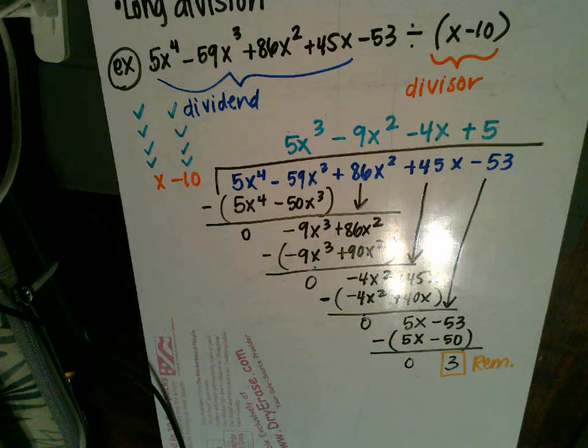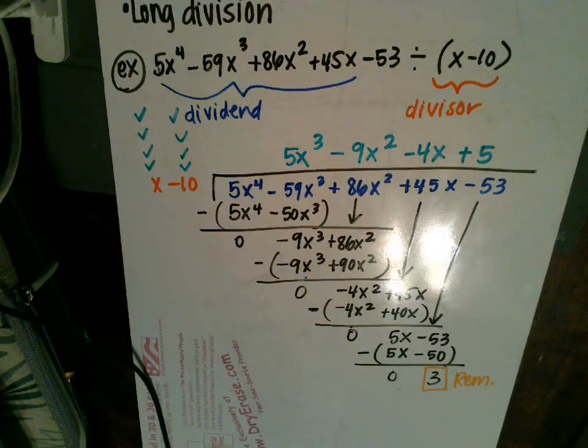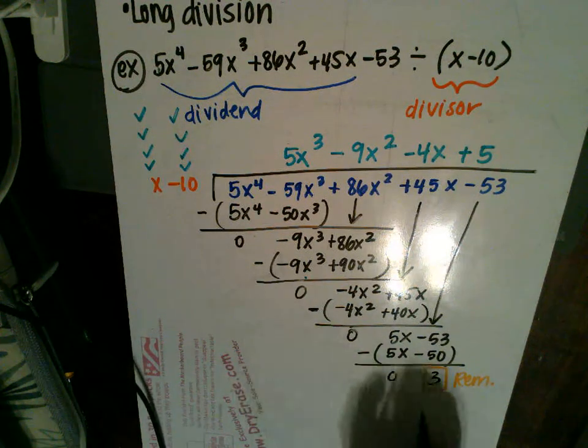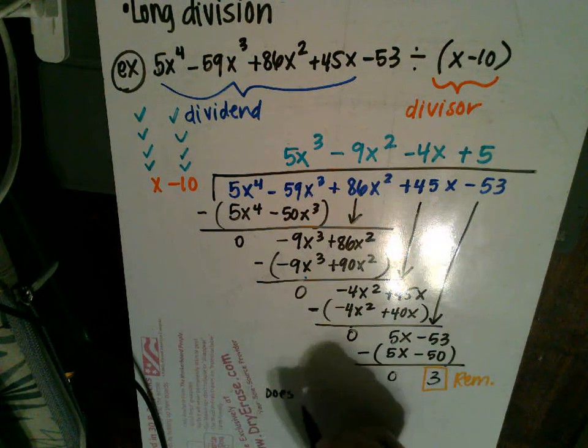So we'll talk about the factor theorem at the end of this week and kind of what this tells us, how to use these division things to tell us more about what is happening to our polynomial, but we have a remainder. So I can say that this does not divide nicely.